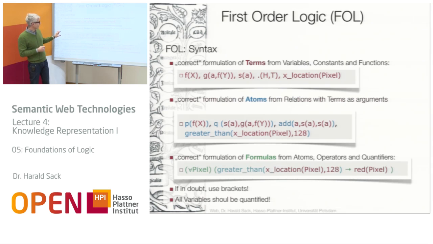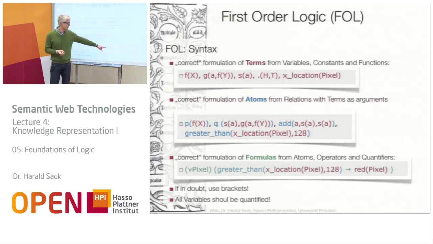More complex then are so-called atoms that are relations with terms as arguments. So here, for example, greater than, and then you have x location of pixel. So this is an atom. And then if you also additionally to the atoms apply operators and quantifiers, then you have a formula. So for example, for all pixels, it holds that here, for example, if the location of a pixel is greater than 128, then this must be a red pixel.